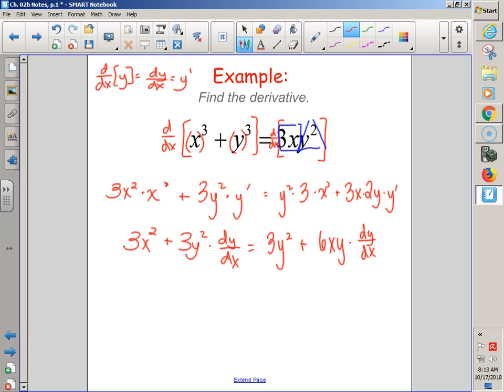But without parentheses, there's no distribution. It wasn't a part of this derivative at all, so it's not even going to go in there. There's no distribution. And same thing over here. Like when we take the derivative of 3xy squared, the 3 goes with the y squared.